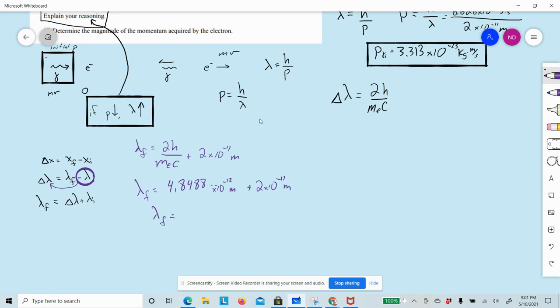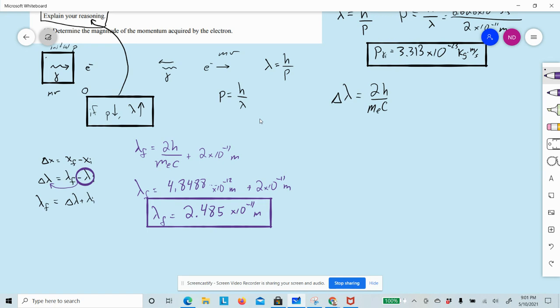Lambda final will be equal to 2.485 times 10 to the minus 11 meters. That is the final wavelength. But that's not what they wanted to know. Darn it, they want to know the momentum acquired by the electron.